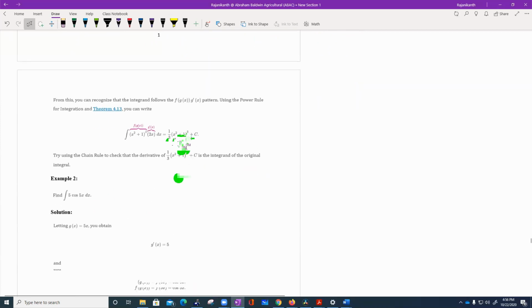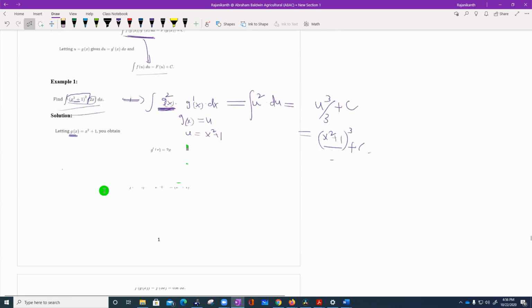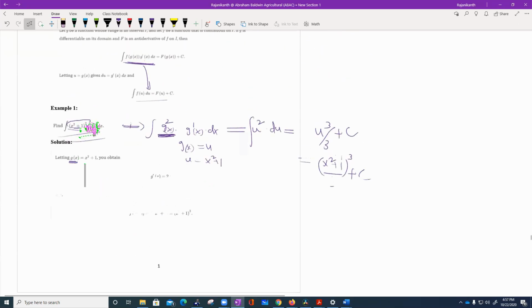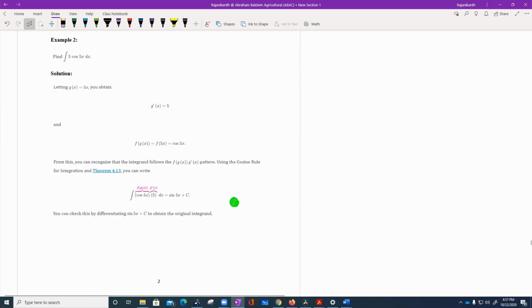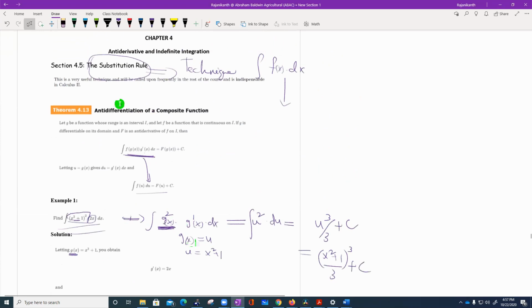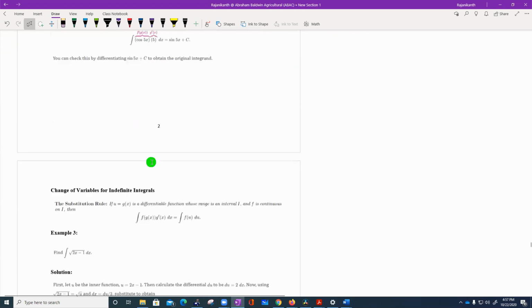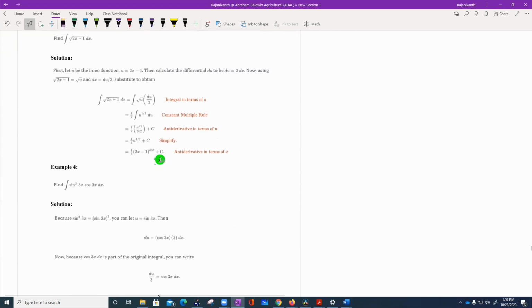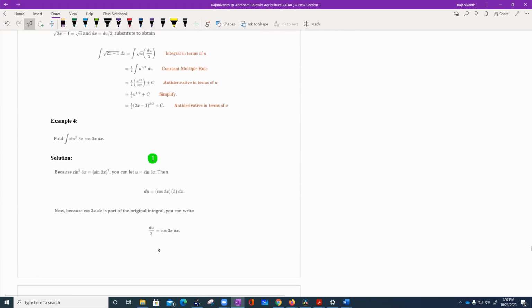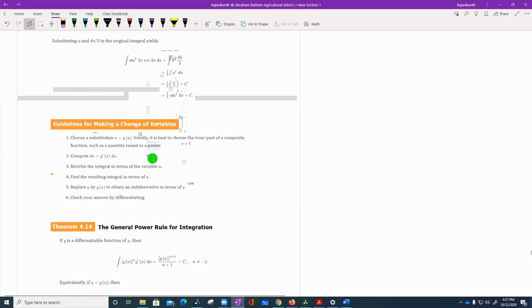Okay, that's what they explained. This method can be applied only if you see some function times its derivative somewhere here. So section 4.5 is simply explaining these substitutions. So why don't you go through this 4.5 during these 2 days, and you could start working with that.